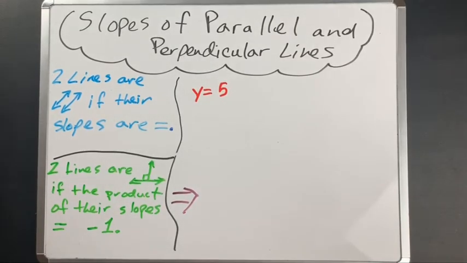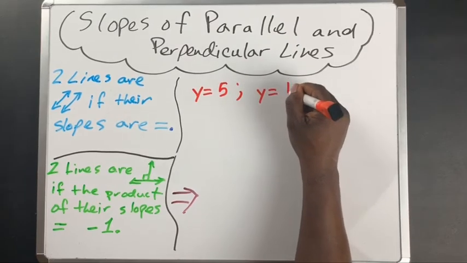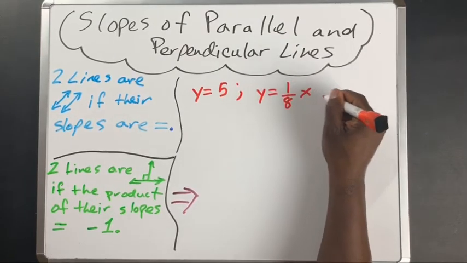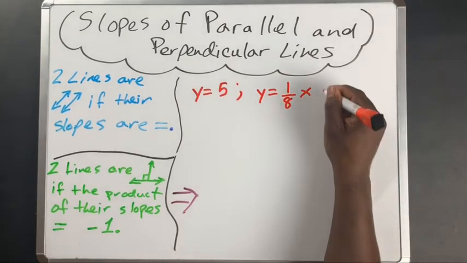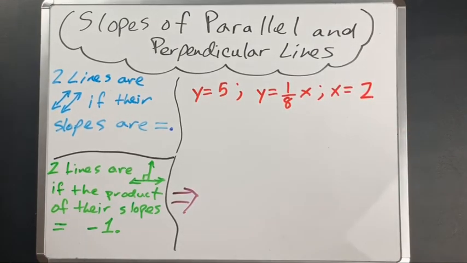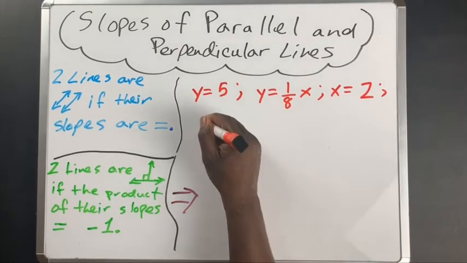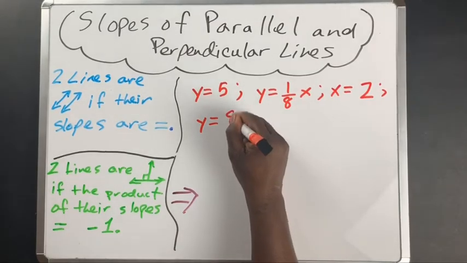We have y equals 1/8 times x. We have x equals 2. And then we have one more: y equals 8 times x minus 5.